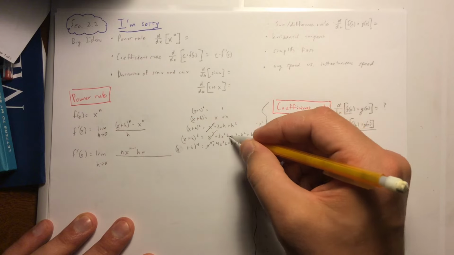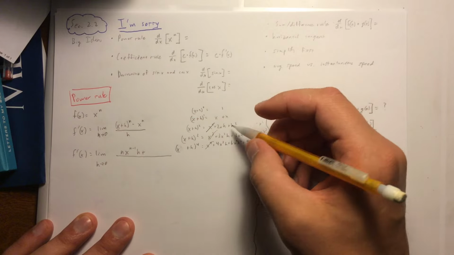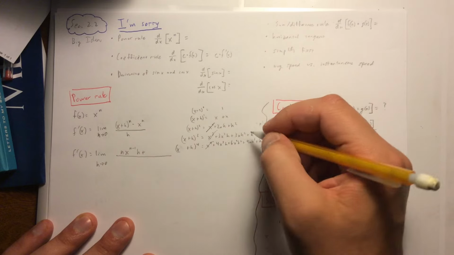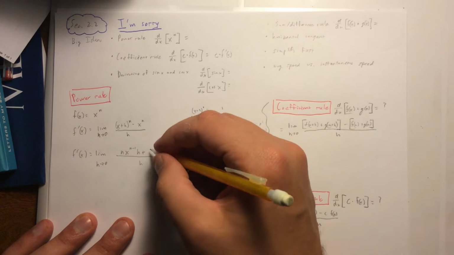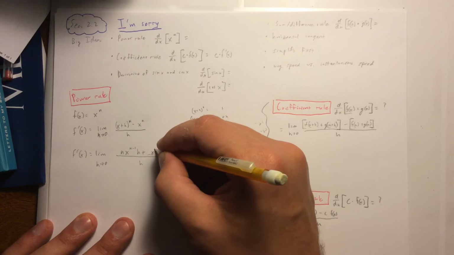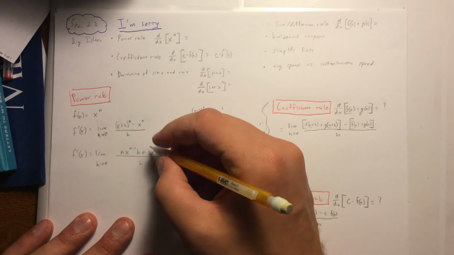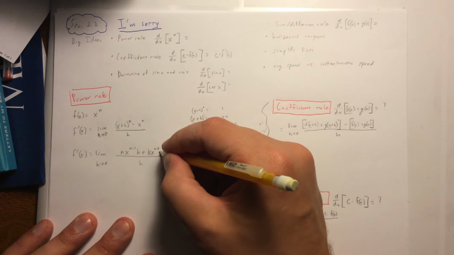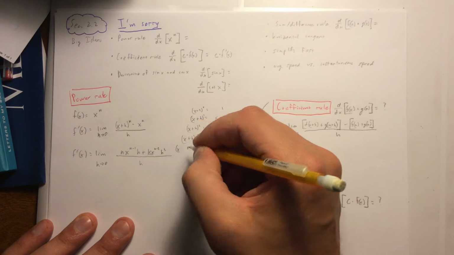plus, and then we get some other numbers here. But you'll notice that when we divide it by h here, all of these other numbers, whatever this number is right here, x to the n minus 2, there's some number here, I don't know what it is, we'll call it k. And then we have h to the second.